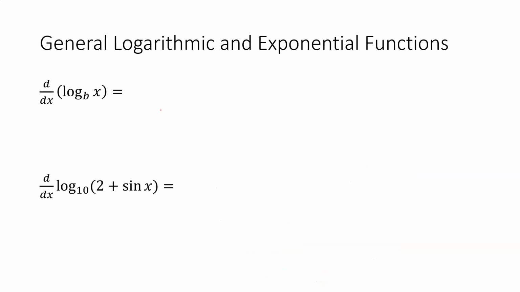Now let's think about how to deal with the case when we have a logarithm of a general base, say base b. One nice thing is that we can always rewrite log base b in terms of the natural log. So in this case, log base b of x we know would be ln of x over ln of b. And since we're here dividing by a constant, we can take that out of the derivative.